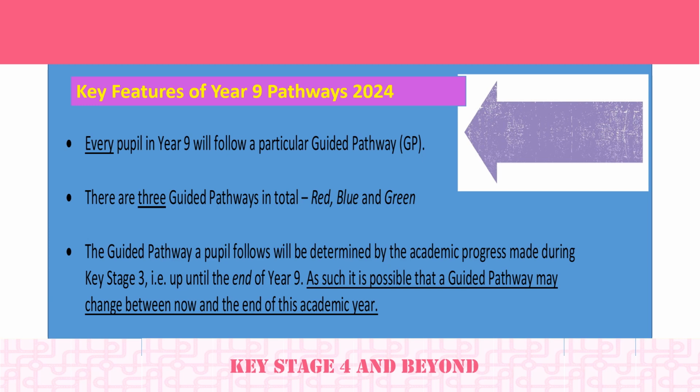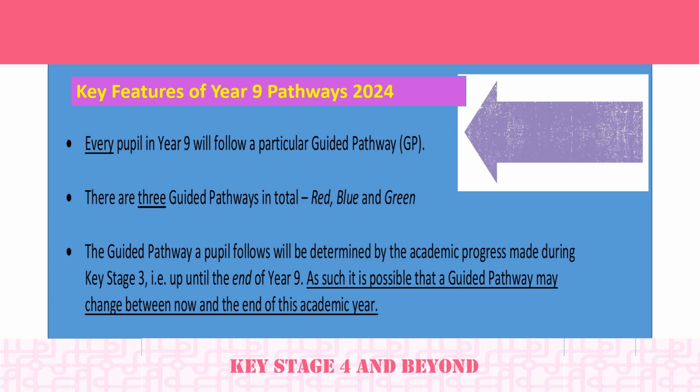So we'll have a think now about the key features of the Year 9 pathways for 2024. Every single pupil in Year 9 will follow a particular guided pathway, and that is distinguished by a colour. So there are 3 guided pathways in total. There's red, there's blue, or there's green.